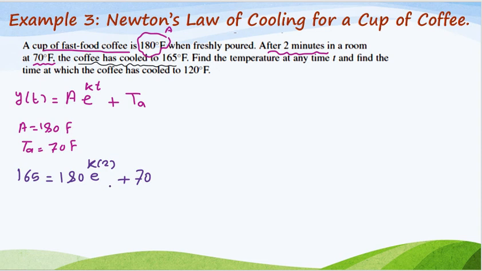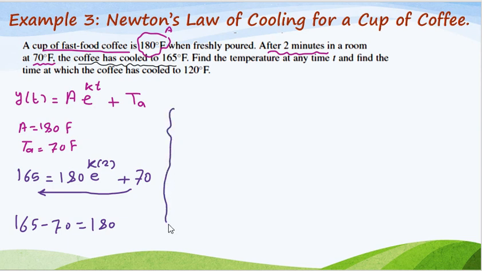We move 70 to the other side, changing the sign: 165 minus 70 is equal to 180 times e to the power 2k.